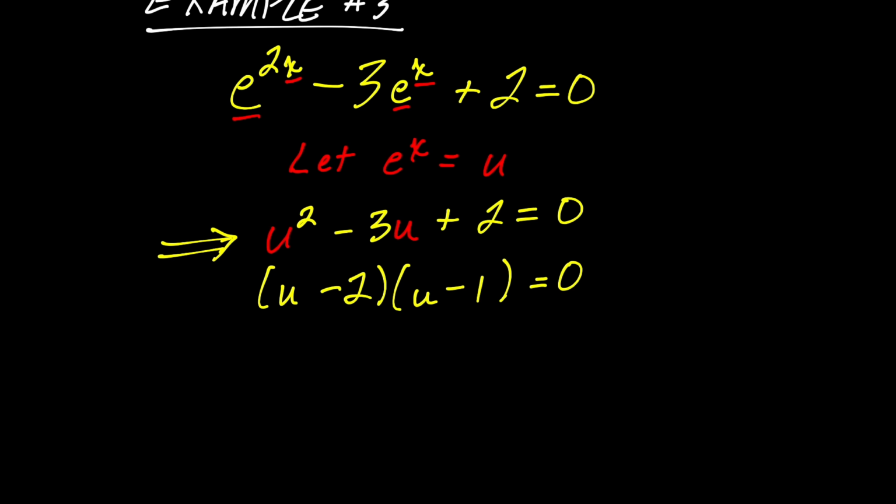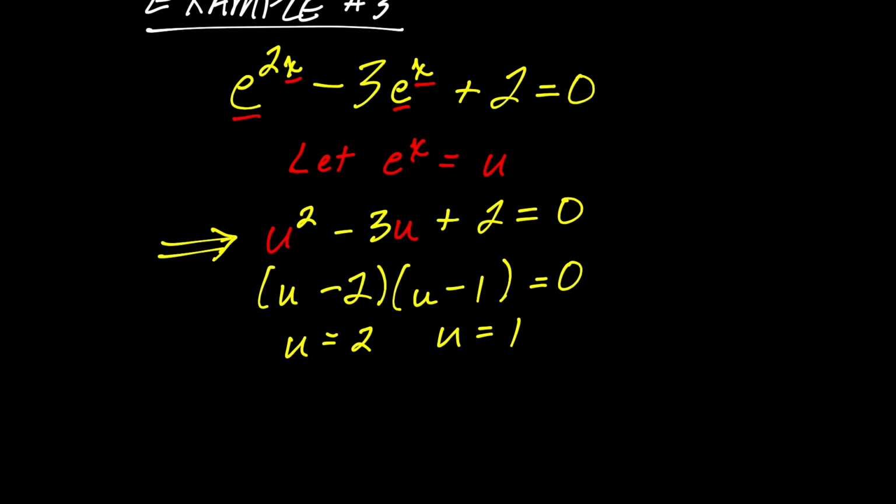Checking that, negative 2 times negative 1 is 2, and negative 2 plus negative 1 is negative 3. So if this times that equals 0, either this equals 0 or that equals 0. So we have u equals 2 or u equals 1.